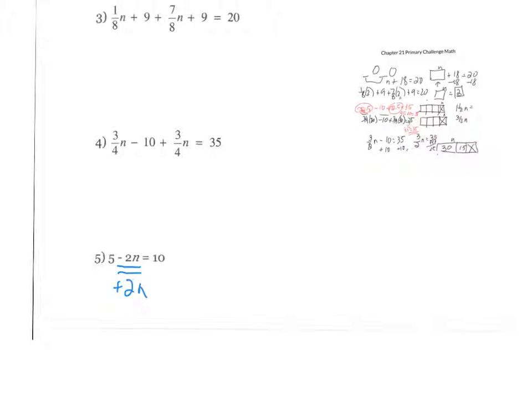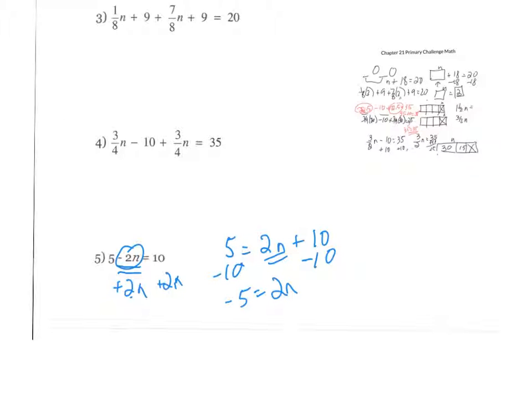So I take away 2 boxes, but I add 2 boxes, so that cancels out. But if I do that, I have to add 2 boxes to this side. So 5 is like having 2 boxes plus 10. But I want to know what just the 2 boxes is, so I'm going to take away this plus 10 from both sides. And now I end up with a negative number. So minus 5 equals 2 boxes.